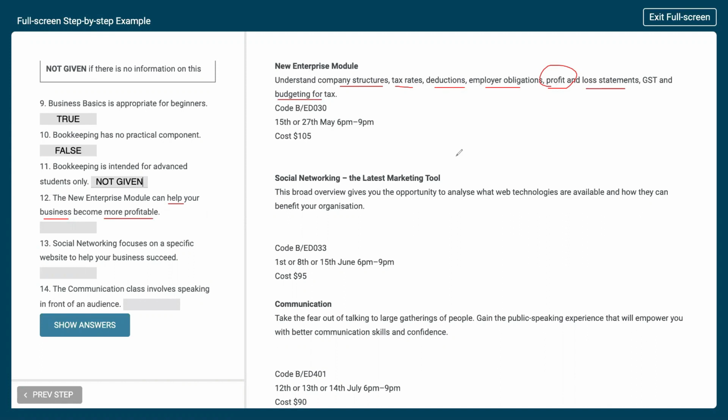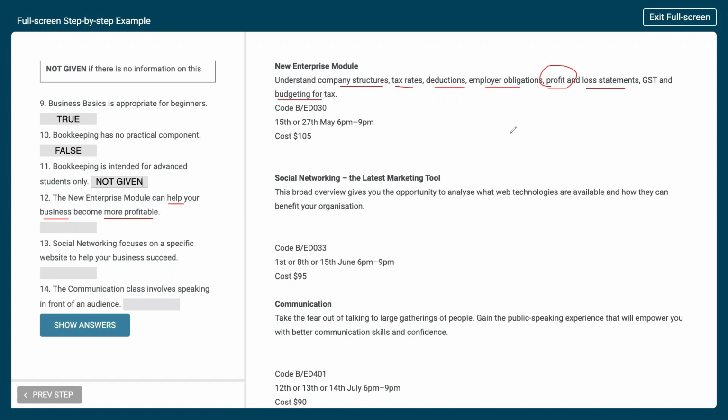Again, here's a trick. We see profit and profitable. If someone is just scanning and skimming and hasn't really done the prep work, you might see profitable and profit and just hurry up and write true. Okay, maybe your time management isn't the best. Maybe you are quickly trying to get all the answers in and you have 2 minutes left, and you would get this wrong because, again, this is profitable.